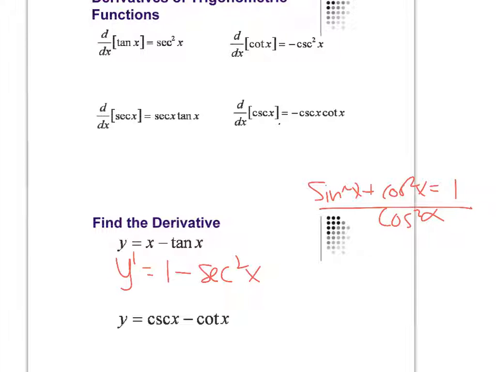Sine squared over cosine squared is tangent squared, plus 1 equals secant squared. So if I subtract the 1 on both sides, I'm left with tangent squared of x. Weird. Oh, I lied. Negative tangent squared of x. Because you have to subtract the 1, the secant squared from the 1, and then move the tangent squared over. Okay.